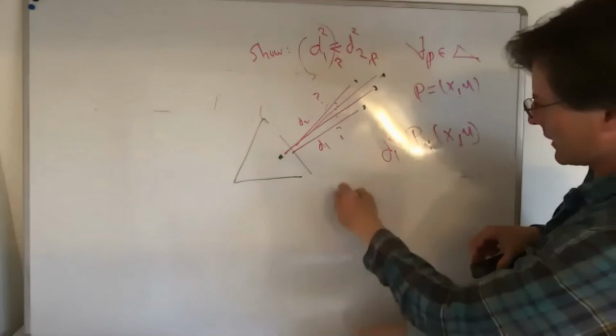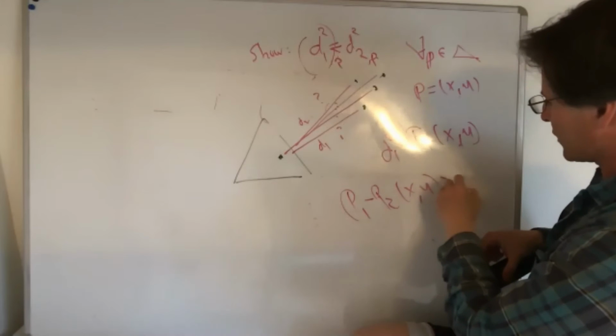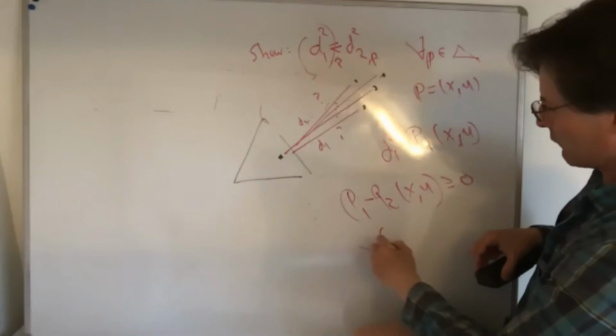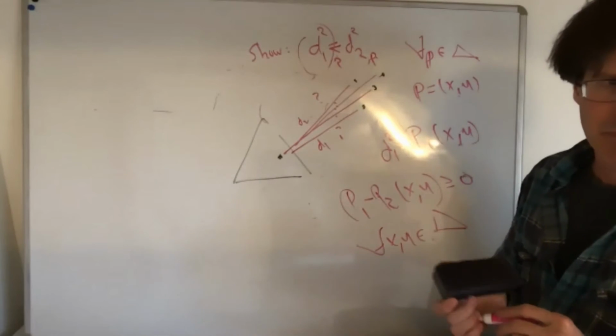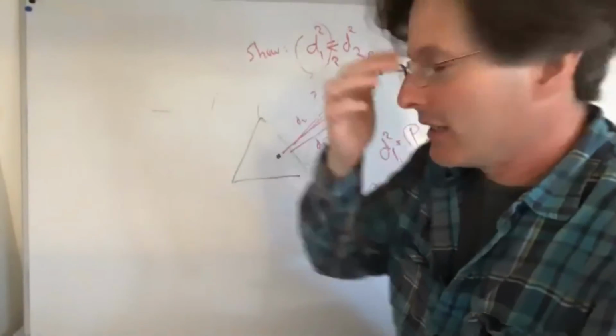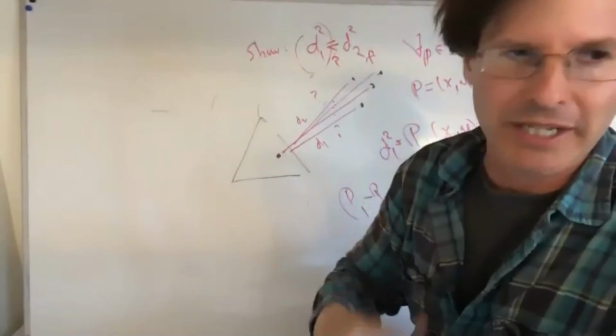And you're trying to show that p1 minus p2 of x,y is greater than or equal to 0 for all x,y in some triangle. So this is the kind of thing that you're left with. And once you're done, you can then just compute that the map is what it is.